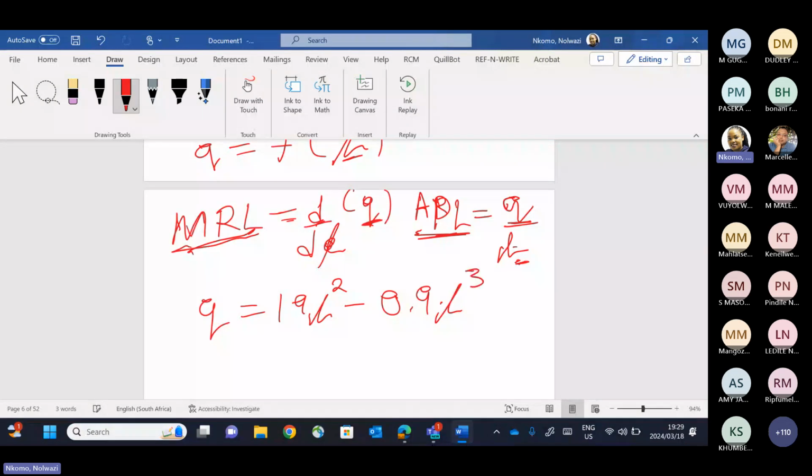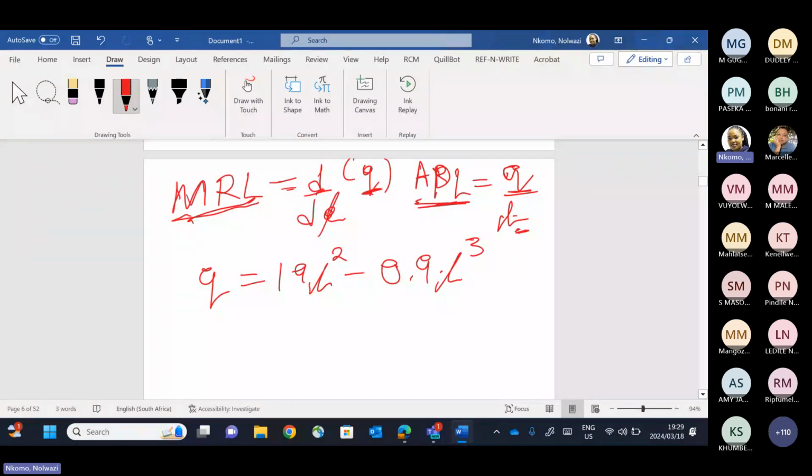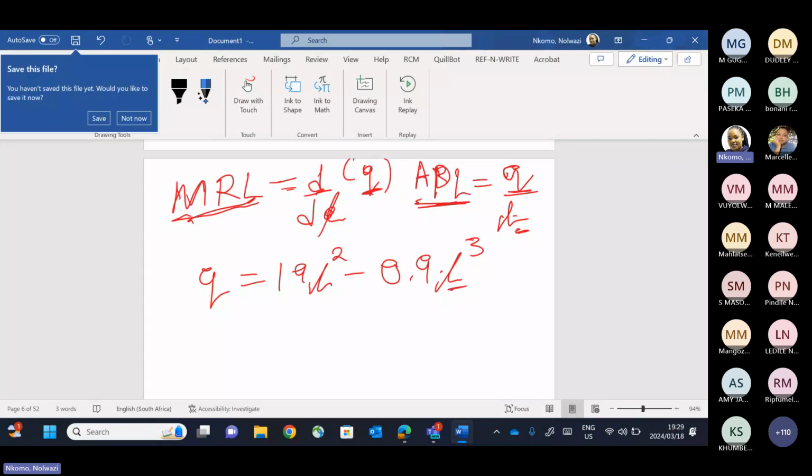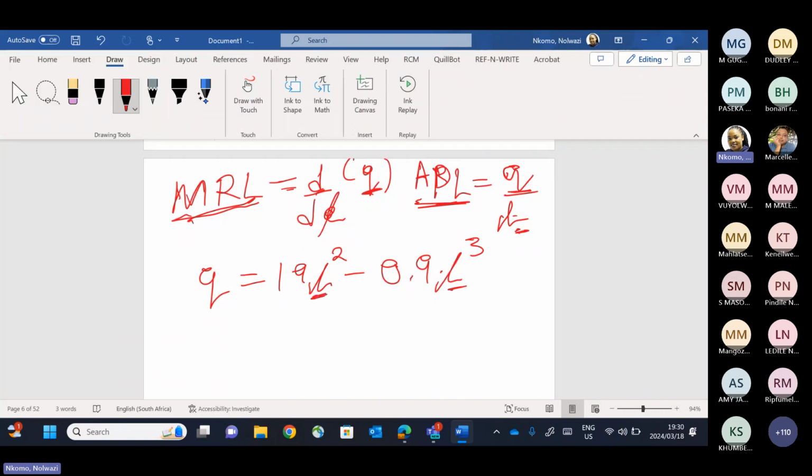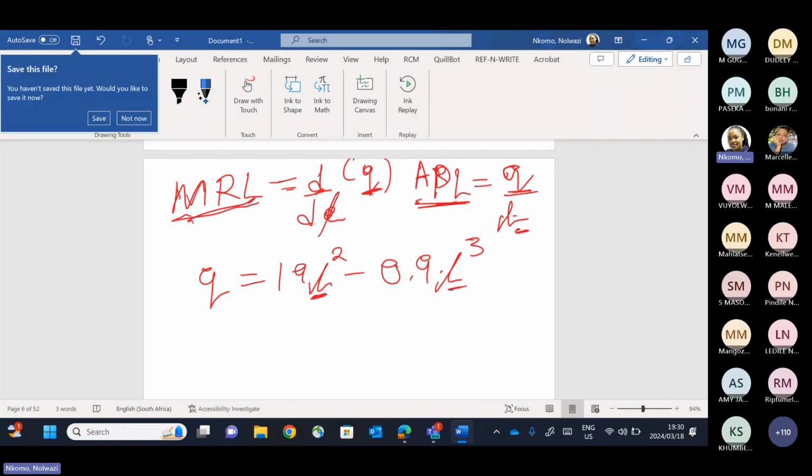We know that this L represents the inputs. This function represents the daily production, so if this is a daily production, that means our input is the number of workers. What can we find from this information?